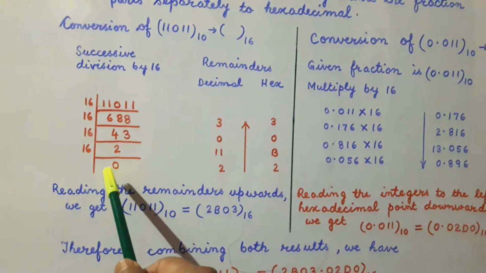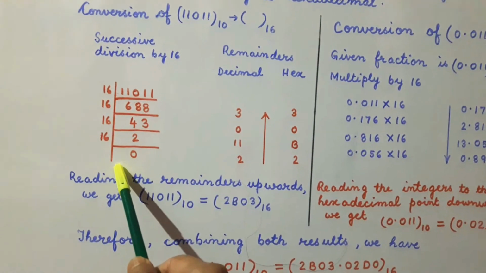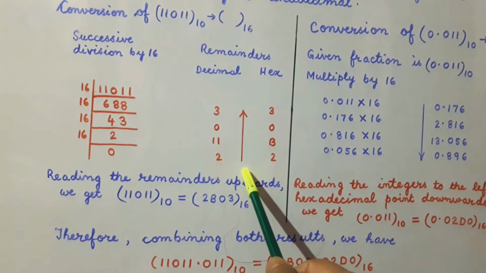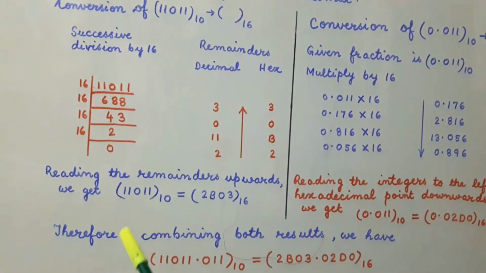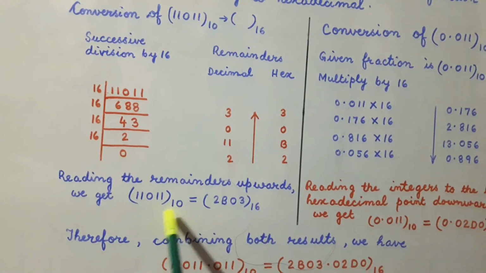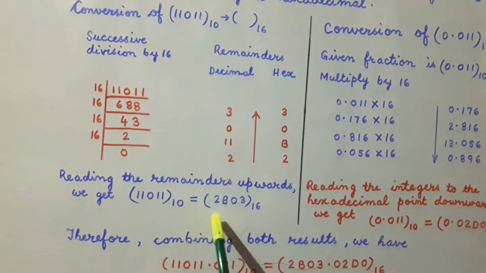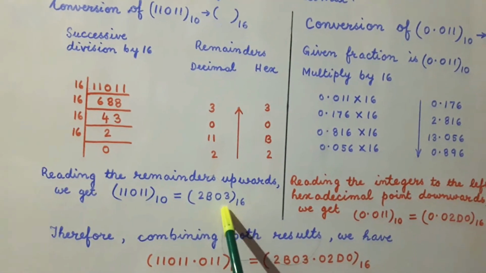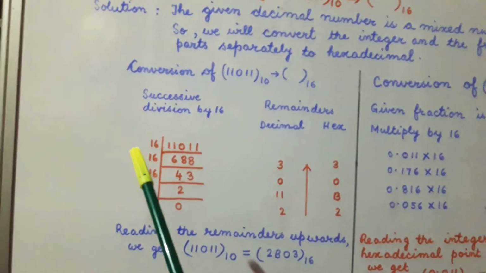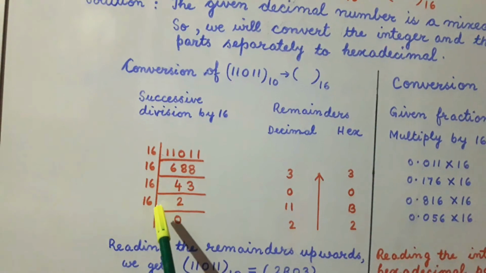After we have finished the division, we will read the remainders upwards and then we find that this in decimal will be equal to 2B03 in hexadecimal. Now let me explain what I have done here.